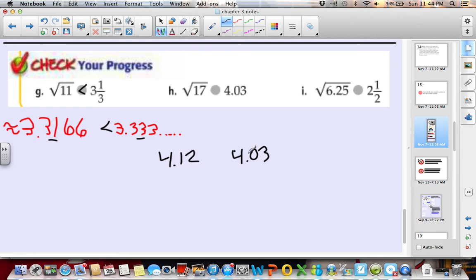We have a 1 and a 0. 1 is greater than 0, so square root of 17 is greater than 4.03. And then I have the square root of 6.25, which if you put in your calculator, it'll come out to exactly 2.5. 2 1/2 is the same as 2.5, so they are equal.